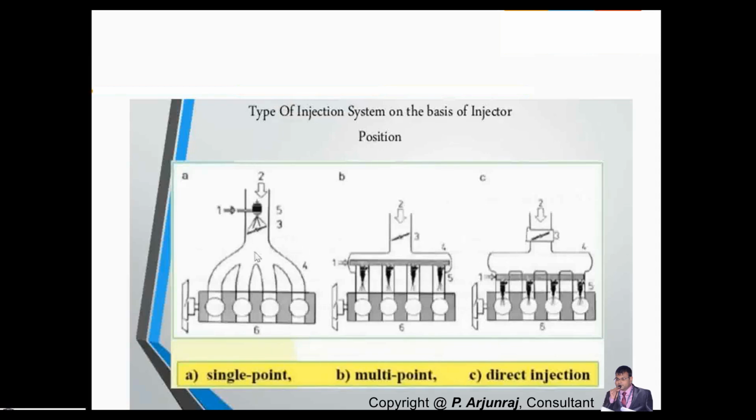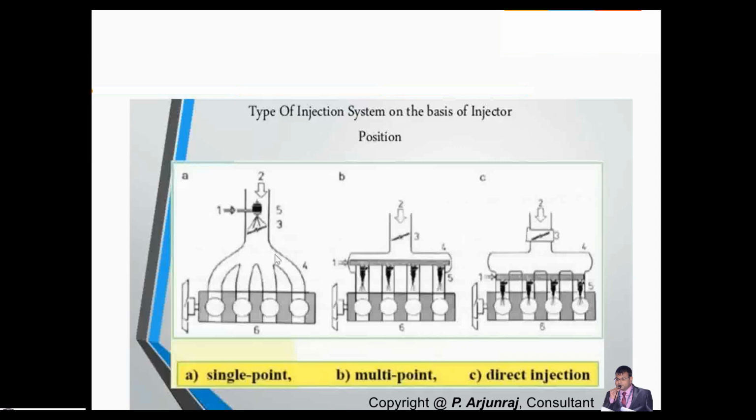The problem with the single point injector is you cannot get a sufficient quantity of fuel, because you need to have the pressure system such that the air and fuel get distributed equally across all four cylinders. That is highly impossible, because the quantity going here may be higher than here or here. It may not be even.